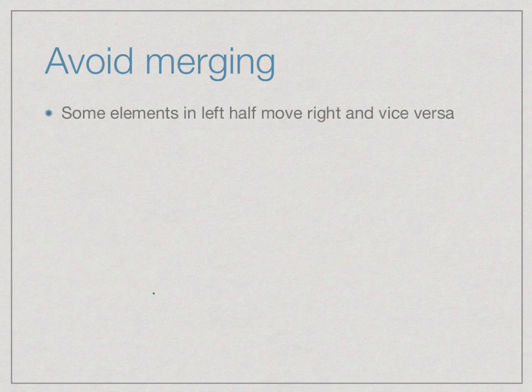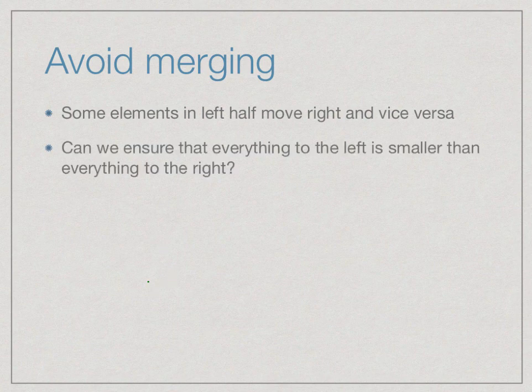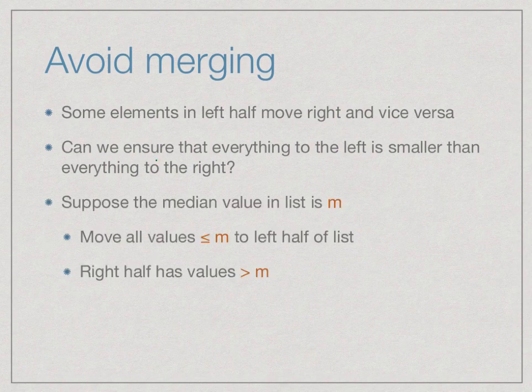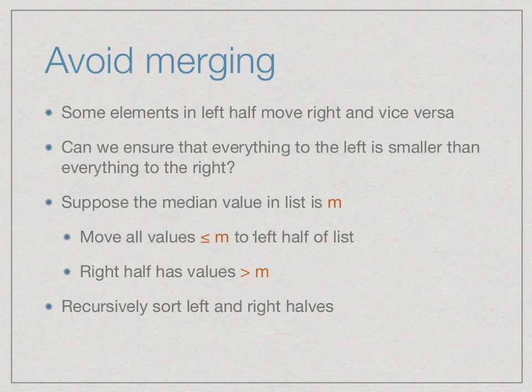So we can avoid this merging if we don't have to move elements between the left half and the right half after dividing the list into 2. So can we ensure that everything on the left is already smaller than everything on the right? Then if we sort the left and we sort the right, we just have to stick them together. So suppose the median value, remember, is the value such that half the values are smaller and half the values are bigger.